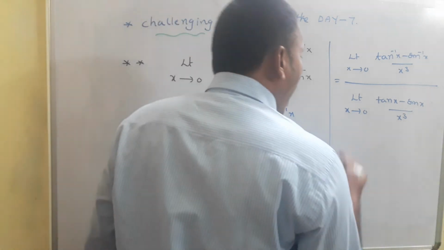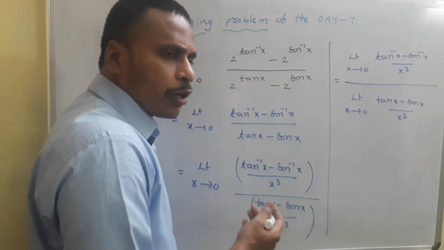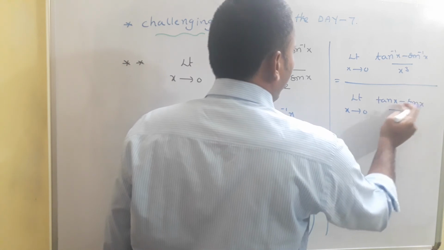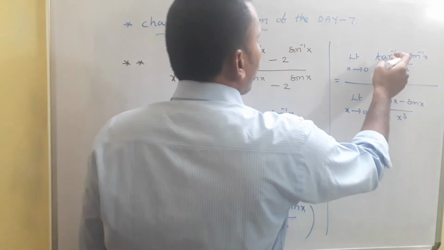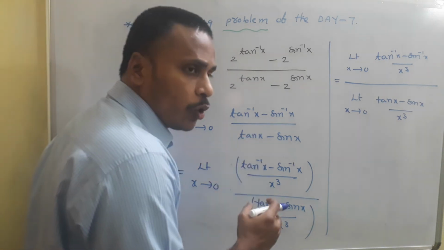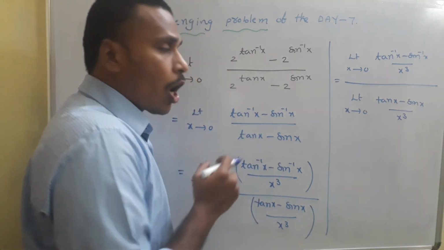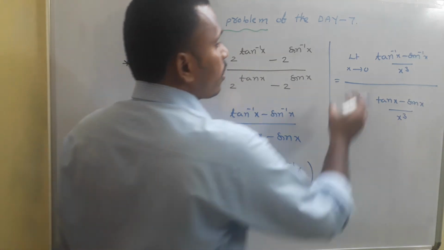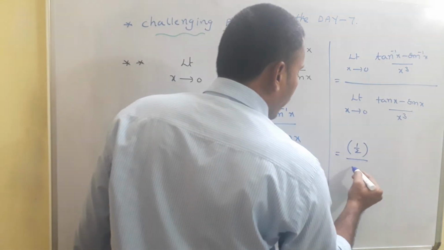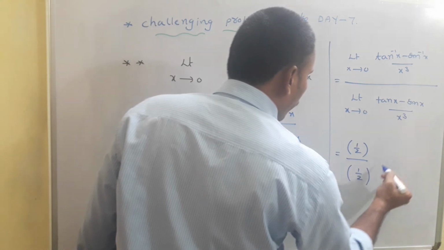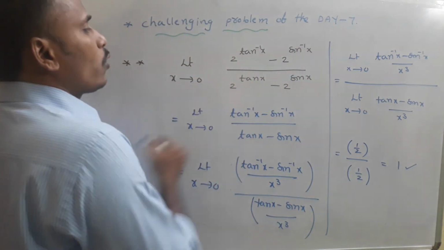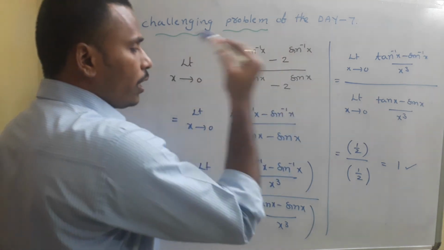Even if you don't memorize that standard formula, you can use series expansions for tan x minus sin x in the denominator, and tan inverse x and sin inverse x in the numerator. You may use series expansions or go with the standard results. The answer for the numerator is simply 1 by 2, and for the denominator also it is 1 by 2. The final answer is 1. Finally, the limit x tending to 0 of this function is 1.